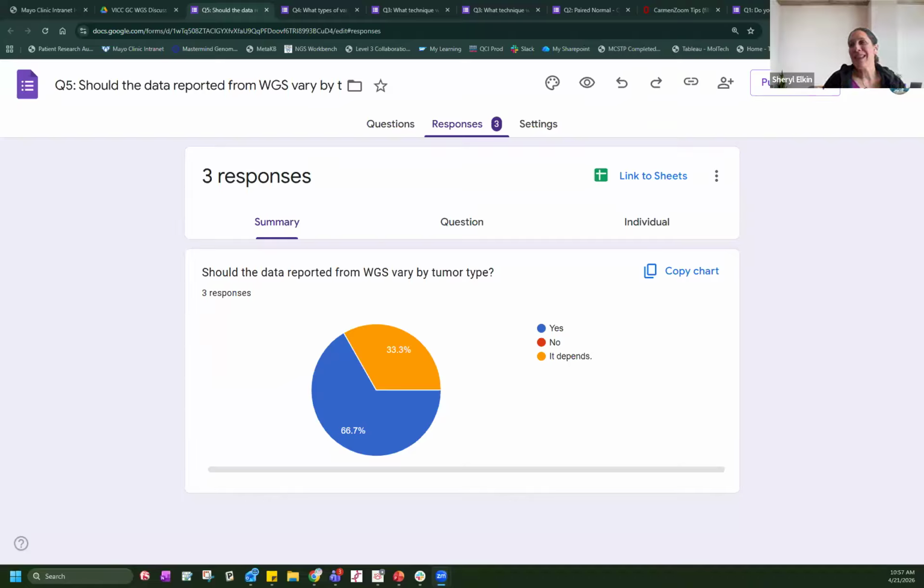I was thinking it depends on the tumor type, that there are certain things that are going to be important in some tumor types and less in others. So I guess it is important that you know what tumor type you're looking at. I think there are certain genes that are really important in heme malignancies, for example, where they really don't have any bearing in a solid tumor and are most likely to be CHIP in a solid tumor, but could be a driver in a heme tumor.